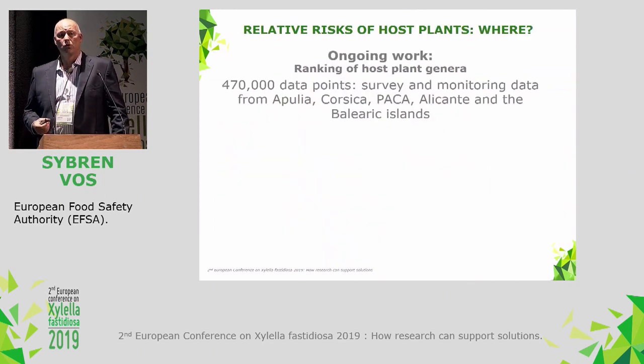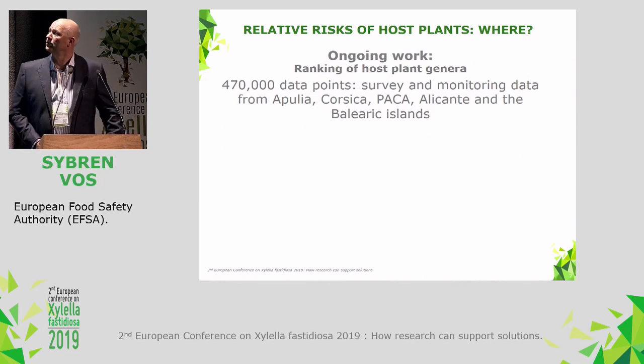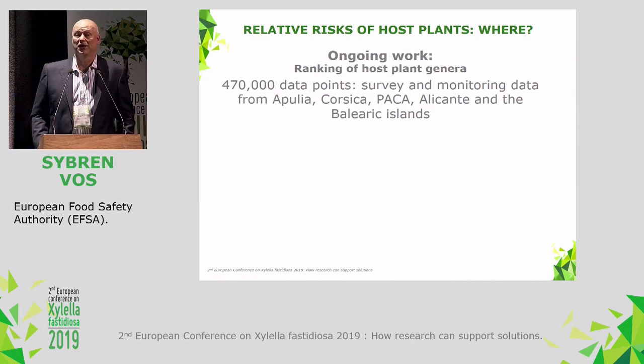Then ongoing work that we are doing is about the ranking of host plant genera. From the different surveillance activities that were performed in the EU, we have received the data of their surveillance and monitoring.